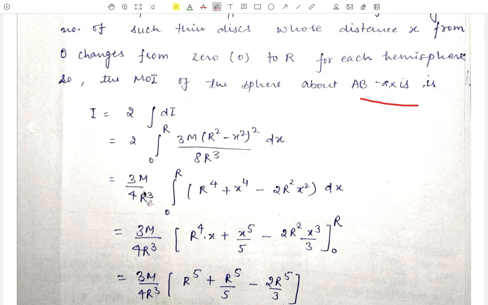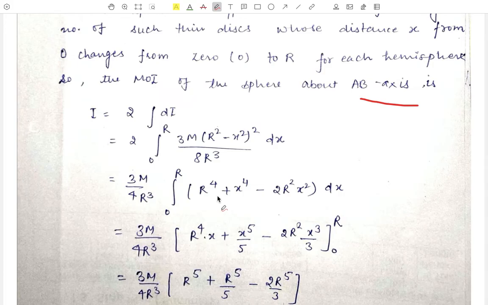Therefore 3m upon 8r cube into 2 cancels, 8 by 4, therefore it is 3m upon 4r cube, integration 0 to r. Opening this square, we get r raised to power 4 plus x raised to power 4 minus 2r square x square dx.